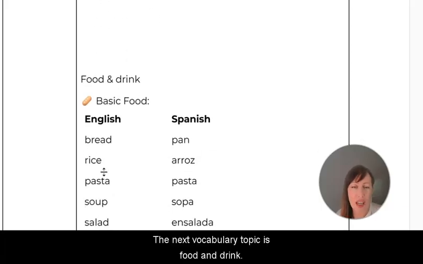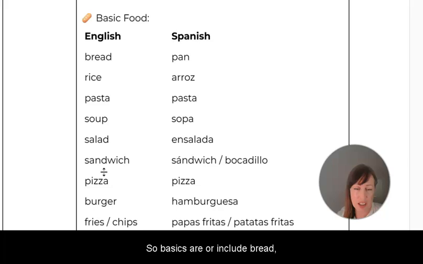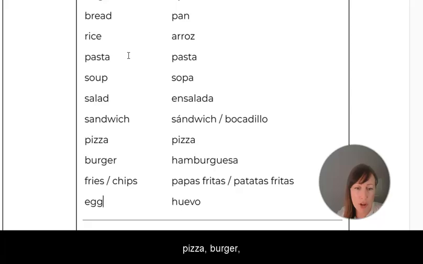The next vocabulary topic is food and drink. So basics are or include bread, rice, pasta, soup, and salad. Sandwich, pizza, burger, fries in the US or chips in the UK, and egg.